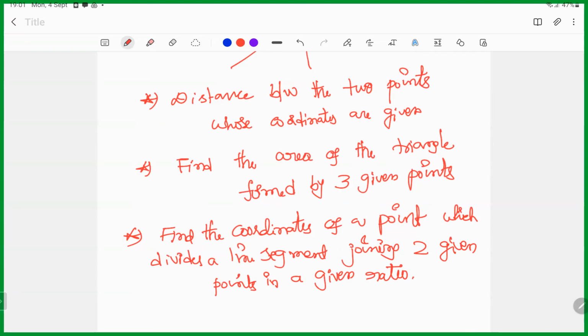So these are the things basically we study in this coordinate geometry. We can do many things, but this chapter is only limited to only these 3 things.